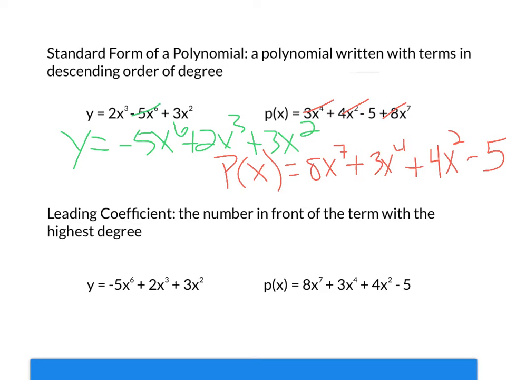So looking at the first example, the number in front of our term with the highest degree is -5, so our leading coefficient is -5. In the second example, our highest degree is 7, the number in front of that term is 8, therefore 8 is the leading coefficient. Take a moment to pause this video and write down the definition and examples.